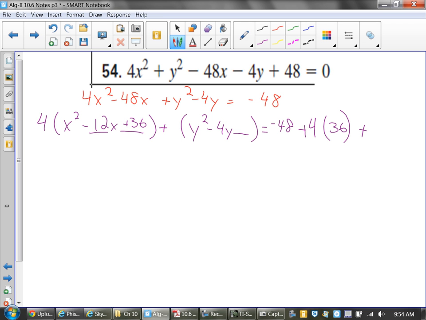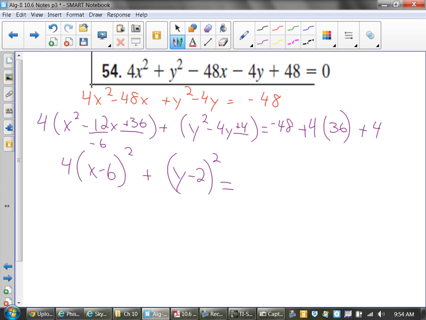Half of negative 4? Square it. Add it to both sides. And then I have to add all that together on the right-hand side.